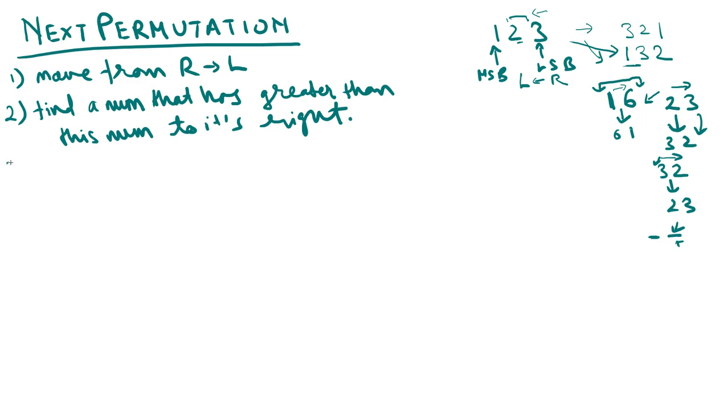And the index at which this occurs, the index at which I get a number that has a greater number to its right, let me call that index the pivot index. Then we will derive our fourth point when we look at an example.